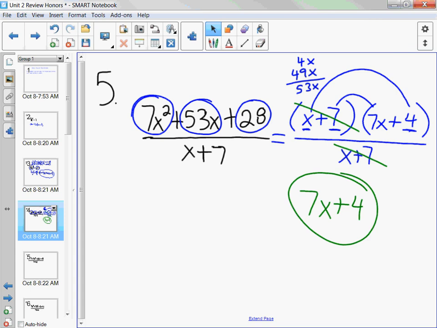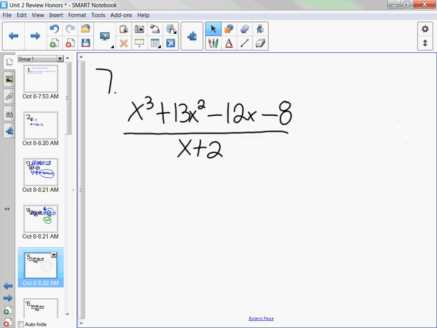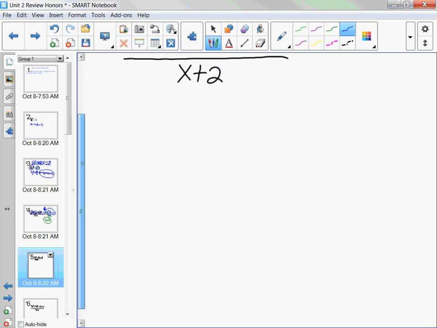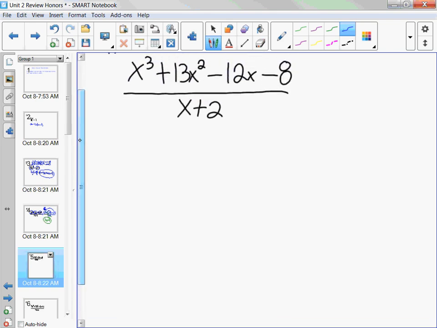Okay, the next one on here is number 7, which is they want you to use synthetic division. In using synthetic division, I'm going to scroll this up a little bit. In using synthetic division, we have that upside down division bar, I guess you could call it.